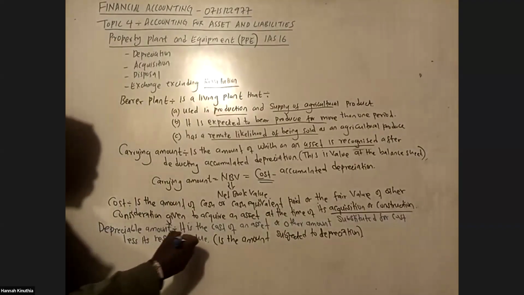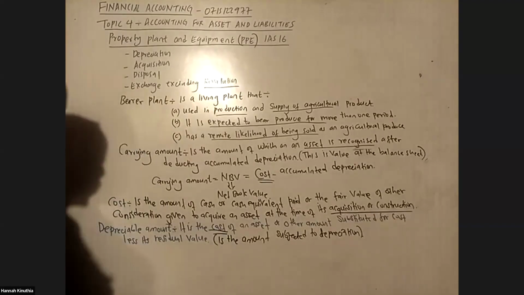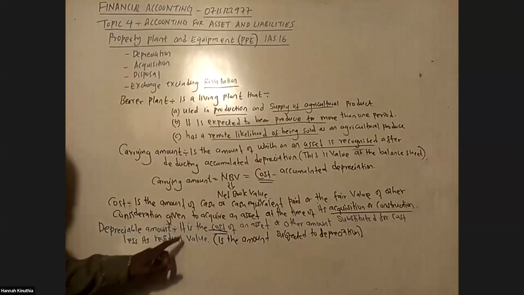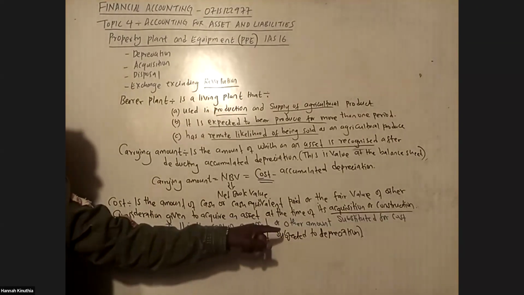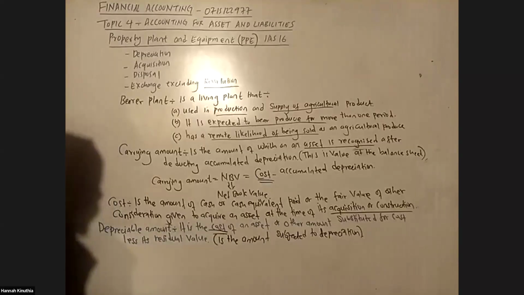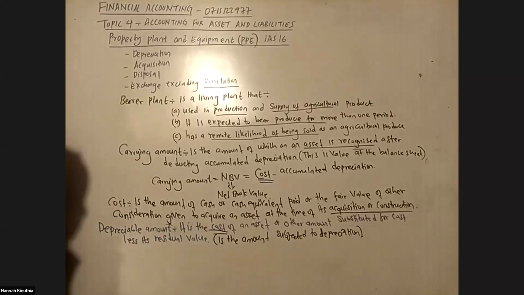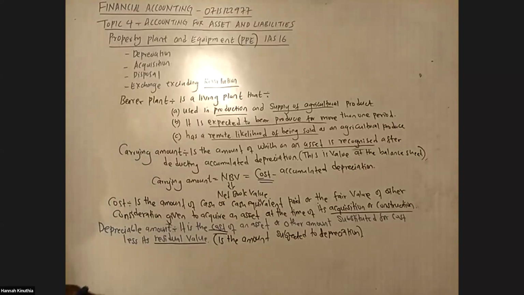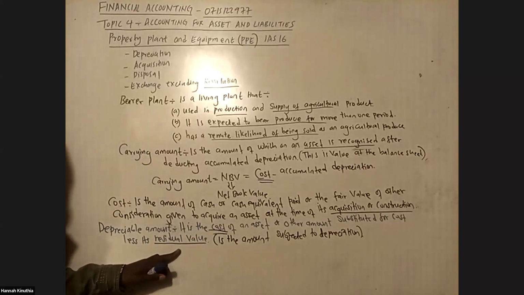Which amount is subject to depreciation? The amount subject to depreciation is mostly the cost. You can also say it is the cost of an asset or other amount substituted for cost, but remember to less any residual value. Residual value is the value of an asset at the end of its useful life.